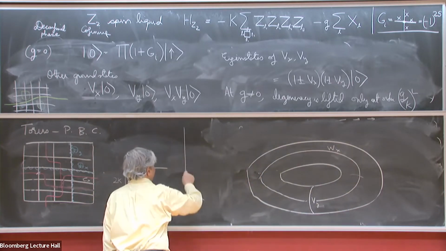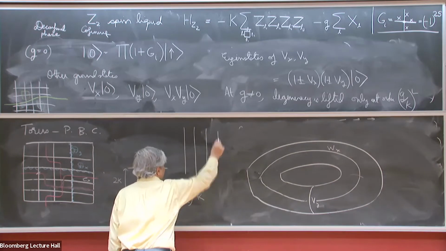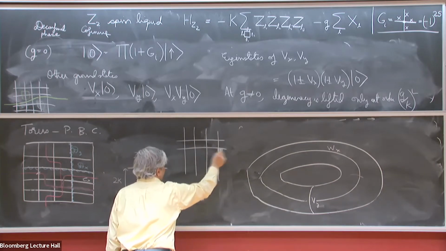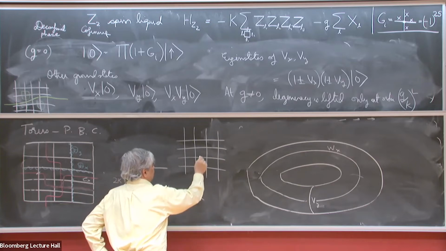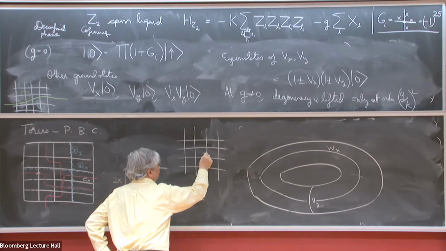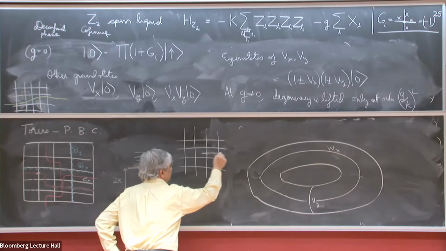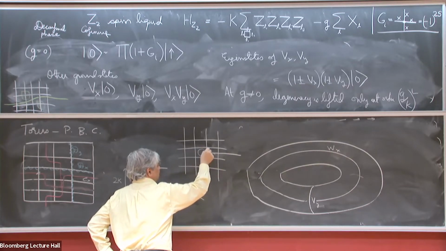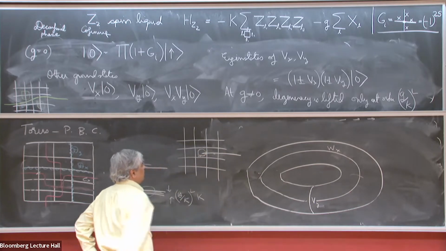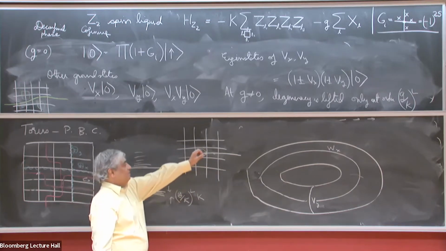Well, let's go back to the lattice. Remember, what happens when I get a Vizon, or a quasi-particle? I have a -1 here. There's some line here. If I take the W operator, the product of these Z's around this, I get a -1. Well, this costs me energy.